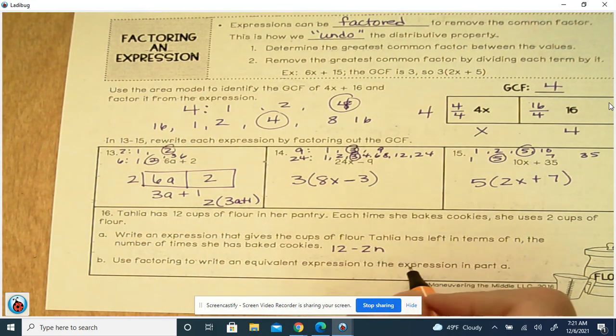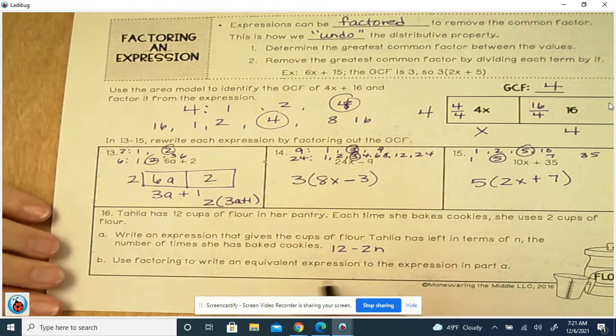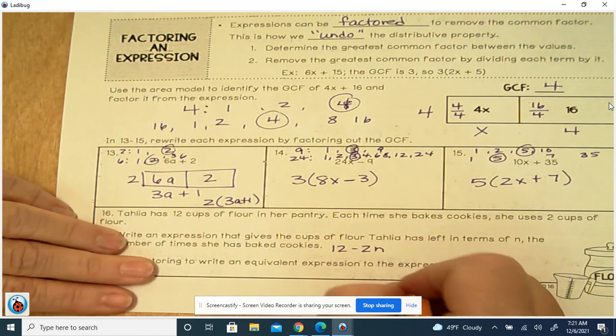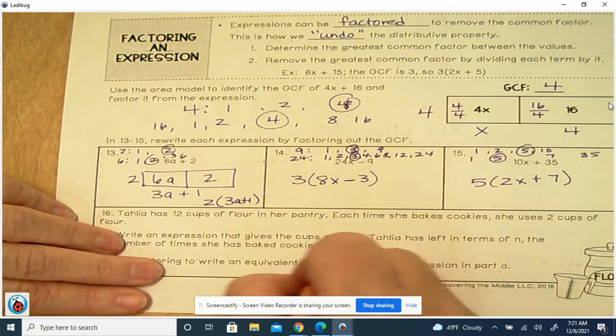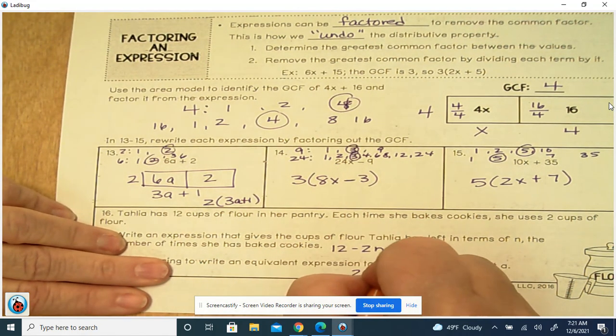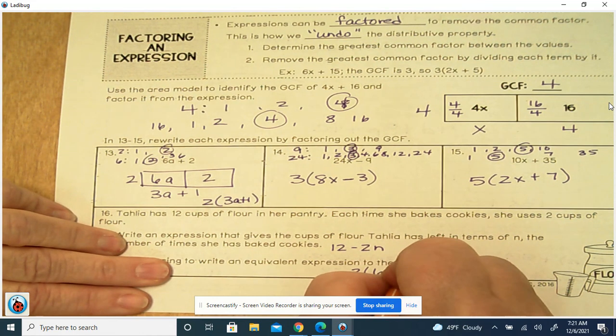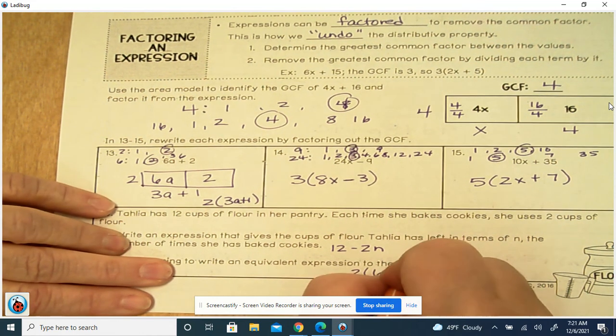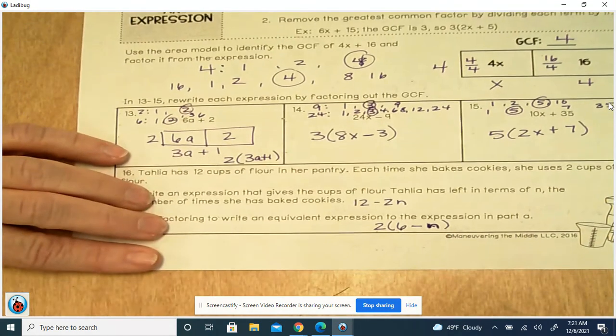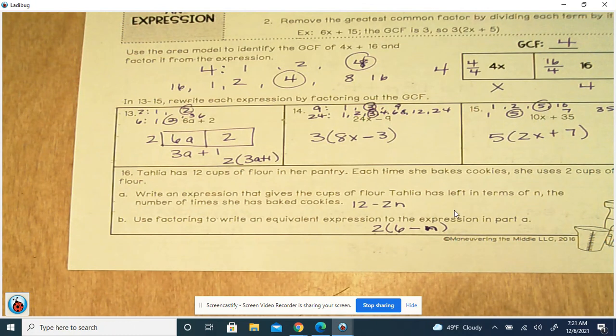So 12 minus 2n. I know from knowing my multiplications that I'm going to factor out a 2. 12 divided by 2 is 6 minus n, because 2 divided by 2 is 1. A variable by itself is understood to be 1. Any questions? Just ask.